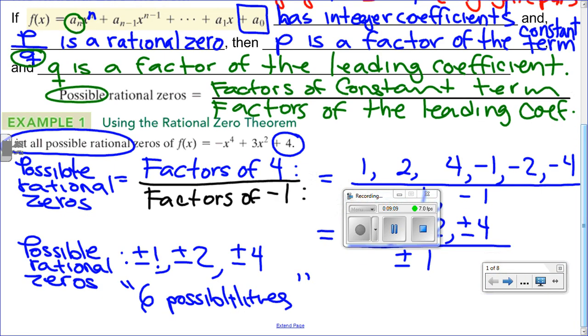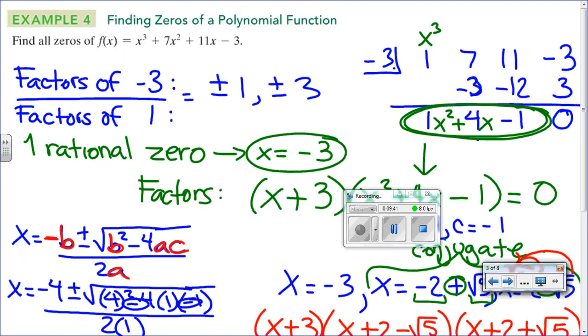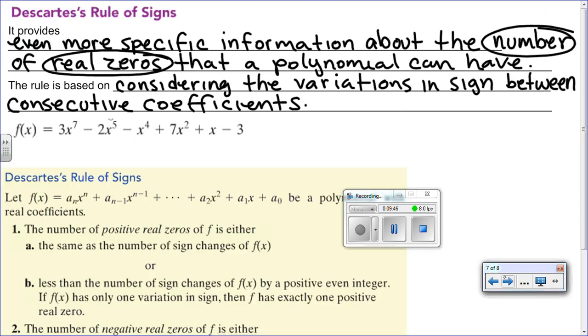So for example, if we're using the rational zero theorem combined with Descartes' rule of signs, and we say there are only 2 positive ones, then maybe we could save some time by not testing the negative ones, because that rule of signs will tell us that. Or it could also tell us we only have 1 negative, so then there's no point in testing all the positive ones. So let's see how we're going to apply it.